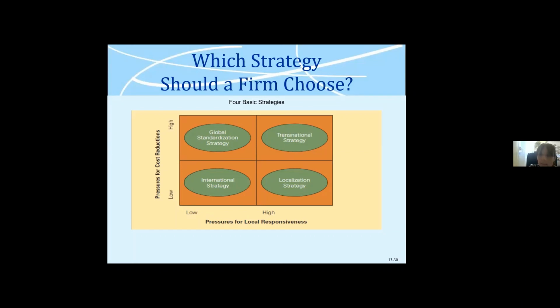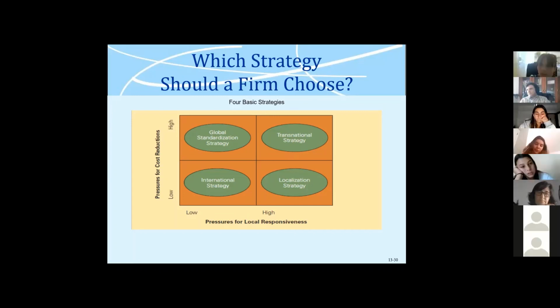As attractive as this may sound in theory, the strategy is not an easy one to pursue, since it places conflicting demands on the company. Differentiating the product in order to respond to local demands in different geographic markets raises costs, which runs counter to the goal of reducing costs.